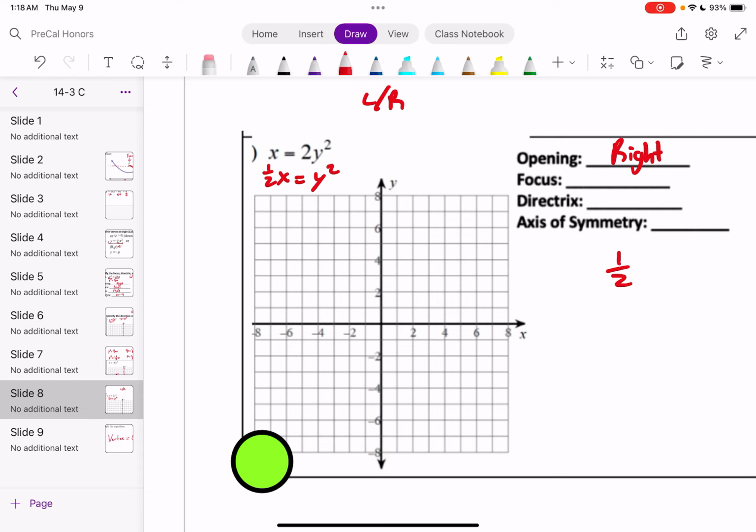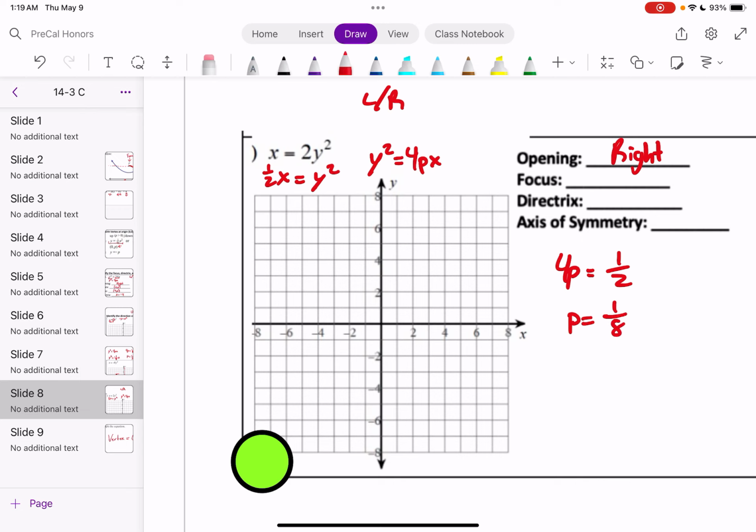Our y squared is equal to 1/2 x, and our equation is y squared is equal to 4px. This would mean that 4p is equal to 1/2. We're going to divide both sides by 4, which means p is equal to 1/8.